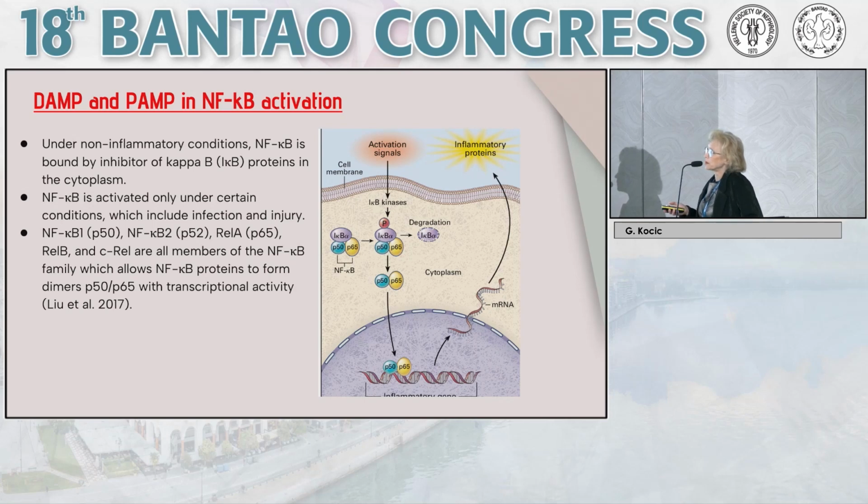Normally, NF-kappa B is present in the cytoplasm of the cell, but bound to its inhibitor.